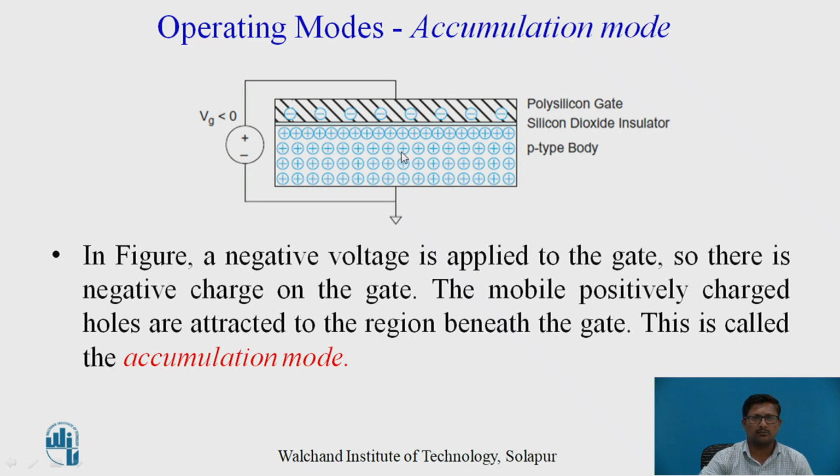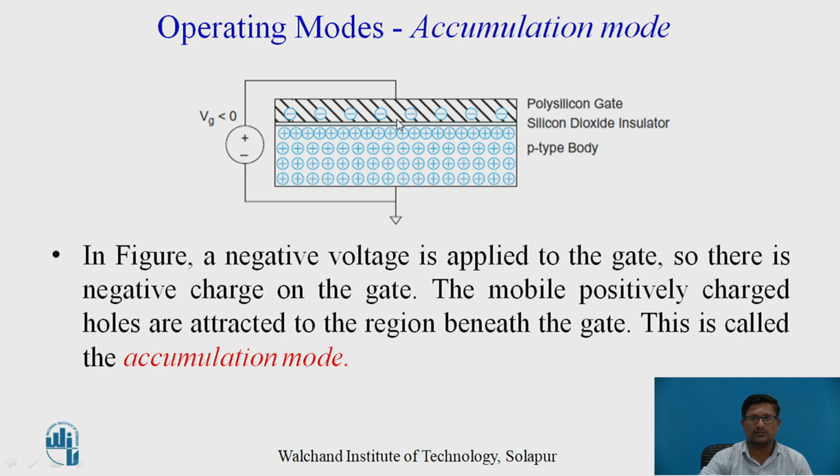For this NMOS transistor, when a voltage VGS is applied between gate and source, and here VGS is less than 0, meaning a negative voltage at the gate terminal of the NMOS, then there is negative charge on the gate. When VG less than 0 is applied at the gate terminal for the NMOS, negative charge will appear on the gate, as shown here.